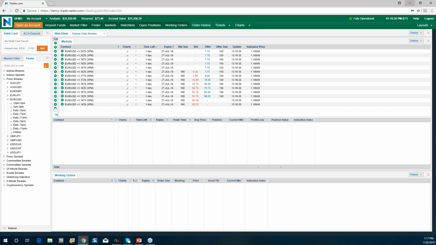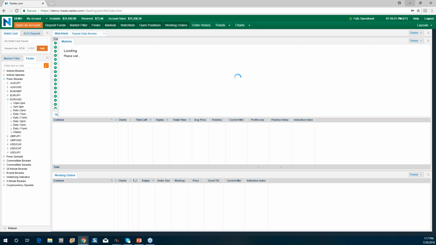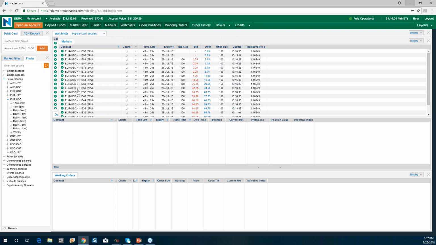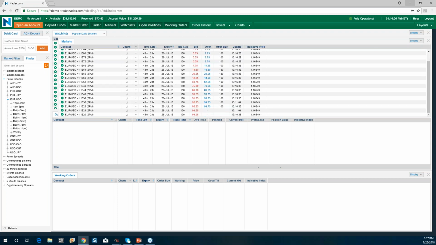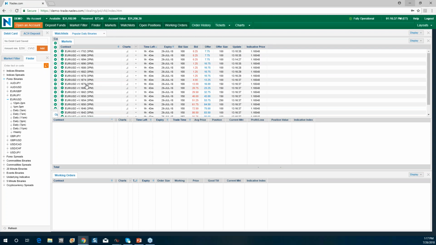Like right now, if we added up the 2 p.m.s and how many there were available, the 3 p.m.s and then how many completely different strikes there were available, the 3 a.m.s and all these different ones available. Hundreds, guys. Whether you're a short-term trader or a longer-term trader, you've got a ton of options there, right?